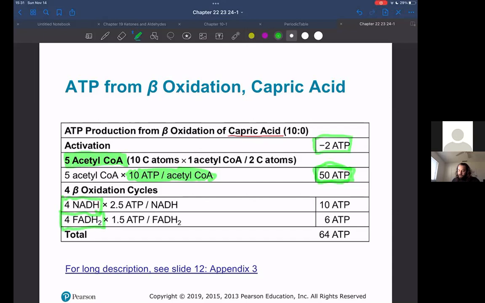If we multiplied those 4 NADHs by the 2.5 ATP, we would get 10 ATP after those go through the electron transport chain, and 6 ATP from our FADH2 after those go through the electron transport chain. So total from the beta oxidation of this capric acid, we get an output of 64 ATPs. That's a pretty good payoff.